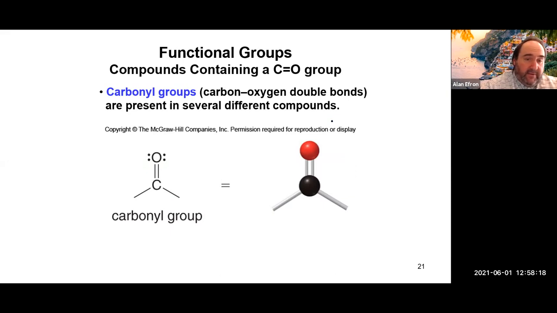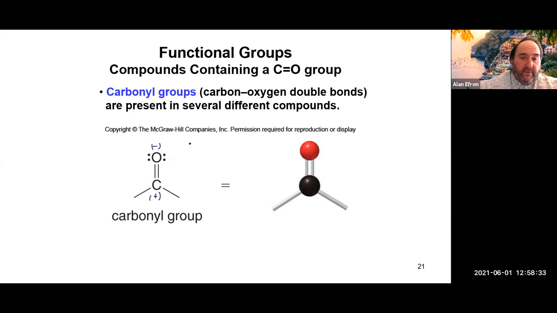As I talked about, a lot of organic compounds will have this carbonyl group, and this is a polar group. Again, this being more positive based on electronegativity, this being more negative. That allows certain interactions to occur here at the carbon-oxygen double bond.